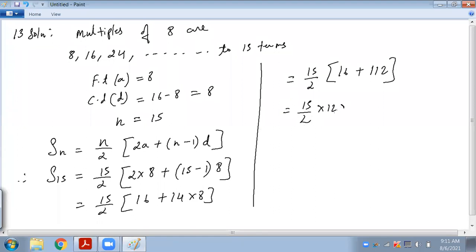It is 128. Now we can cut it. So it will be 64 into 15, and 64 into 15 is how much? 960. Okay, write it down, and once you're done, you can raise your hand.